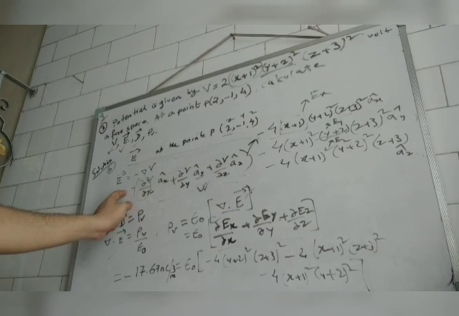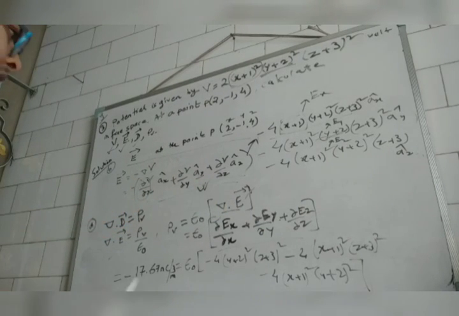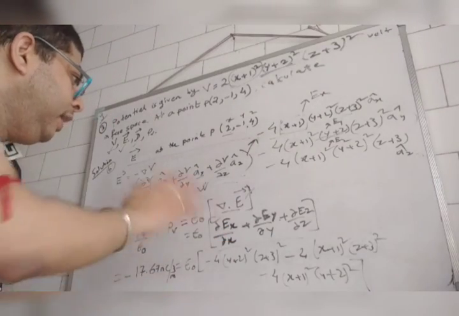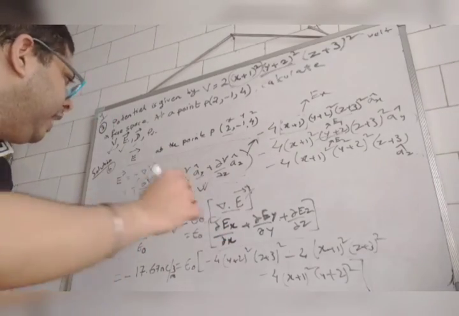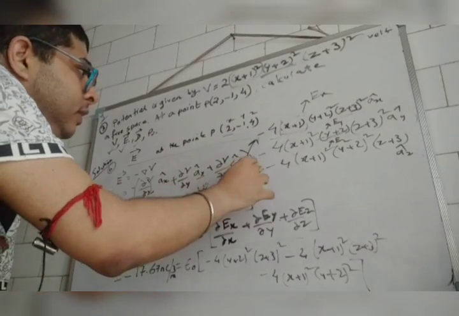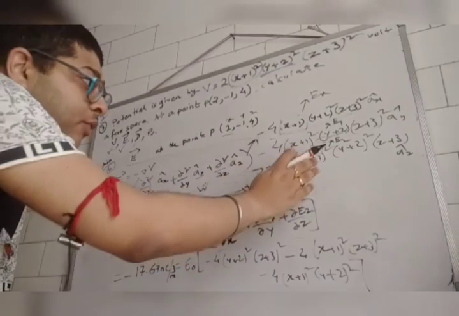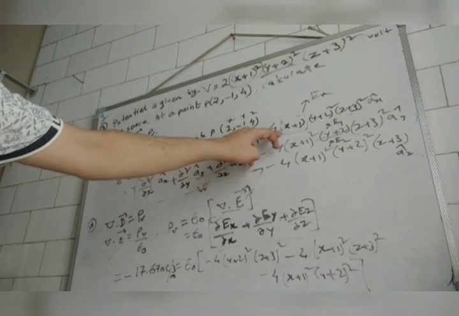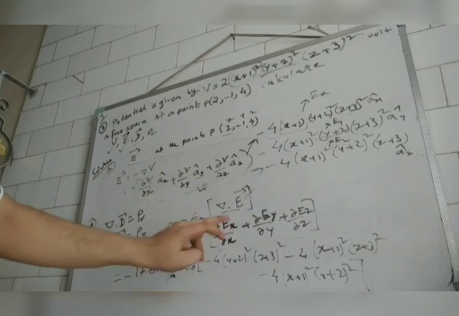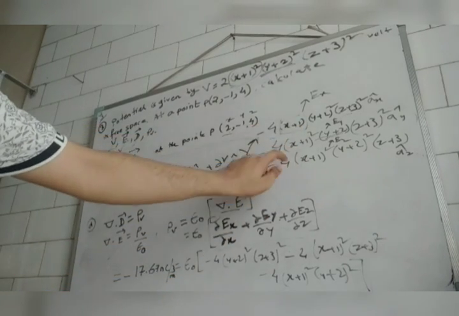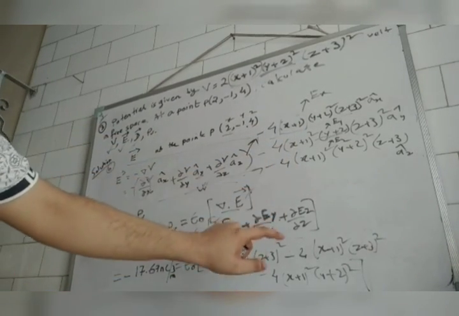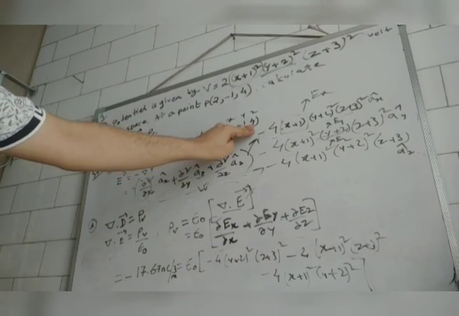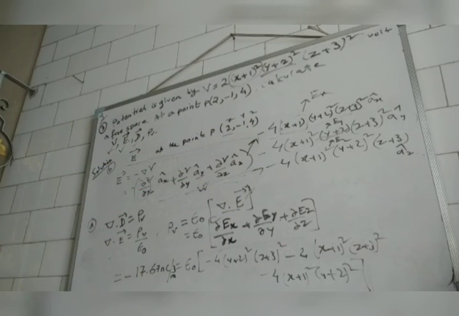Of course, you need to consider the minus sign. Since we don't have enough space here, we have already roughed it out in the second step, so you can directly get this from there. I have differentiated Ex with respect to x, Ey with respect to y, and Ez with respect to z. Then you will get this much, and if you put the values of x, y, z for this point, you will get this.